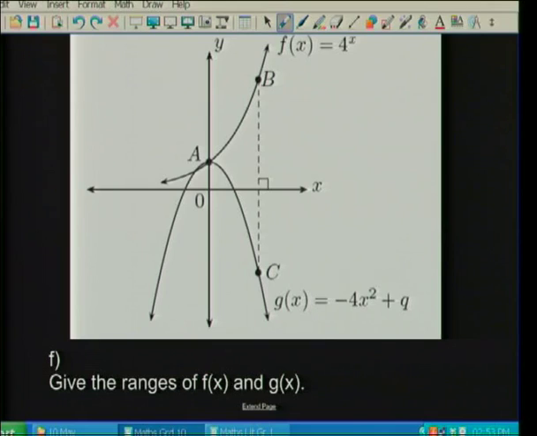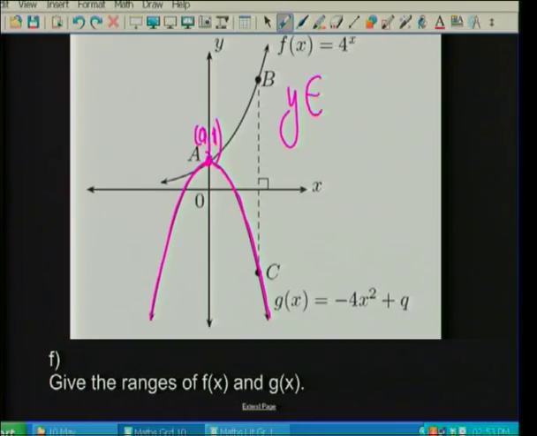If I start off with my parabola, it is defined from y equal to 1 down to negative infinity. The parabola is not drawn above 1. Its highest value is 1. Its maximum turning point is 1.